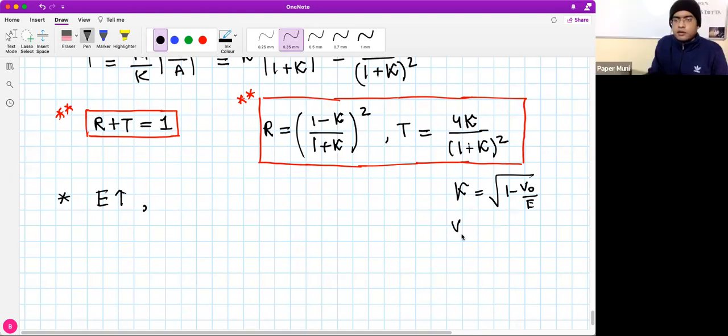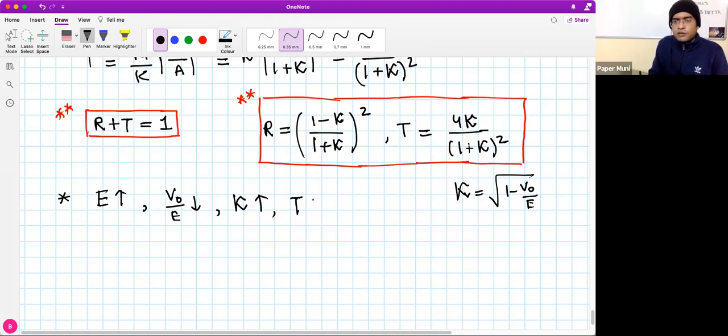Now, if we increase E, V naught by E decreases, and kappa increases. So what happens to T?